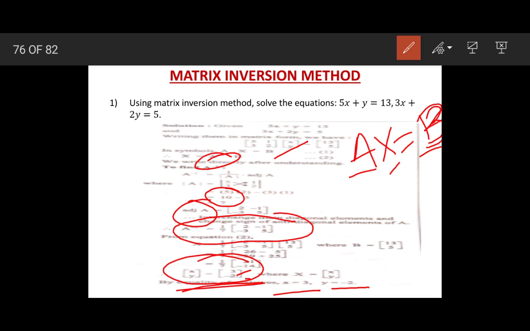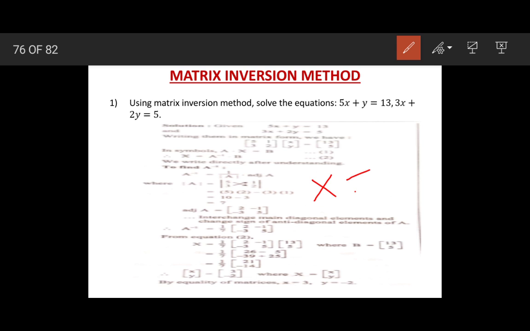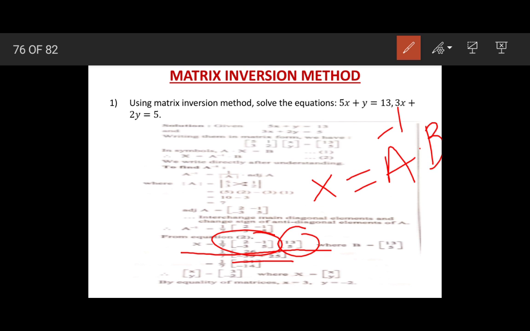Okay. Next step is X. X will be A inverse into B matrix. So write A inverse into B. Then do the multiplication of matrices, right?